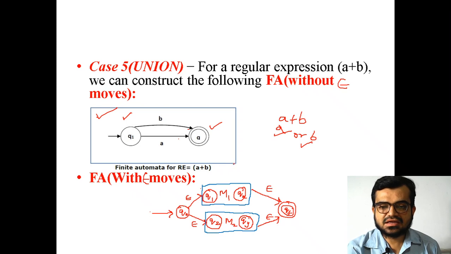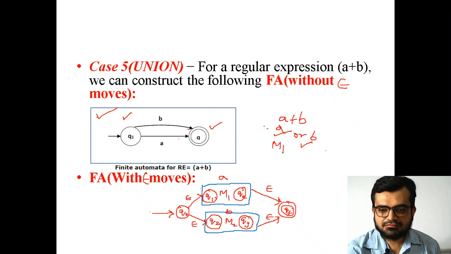Now if I am taking with epsilon moves, how should I take it? Here there are two cases, either you take A or else B. Or means union operation. So I am taking one state and a value A, which is connected with two states, Q1 and Q2, and again here this is B, which is M2.